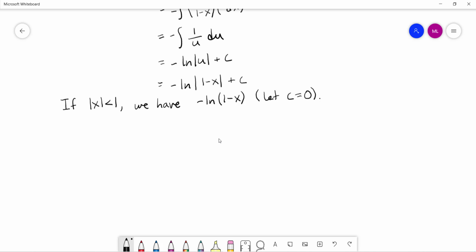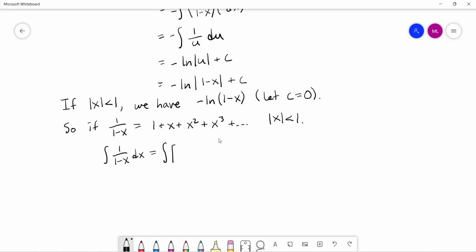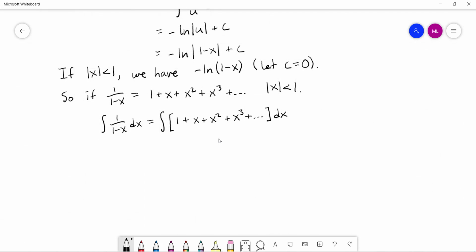So, if 1 over 1 minus x is equal to 1 plus x squared plus x cubed plus dot dot dot, as long as, again, the absolute value of x is less than 1, then the integral of 1 over 1 minus x dx is going to be the integral of 1 plus x squared plus x cubed plus dot dot dot dx, which is equal to, when we do that integration, the integral of the 1 is going to become an x.